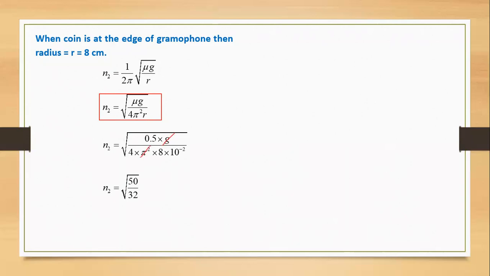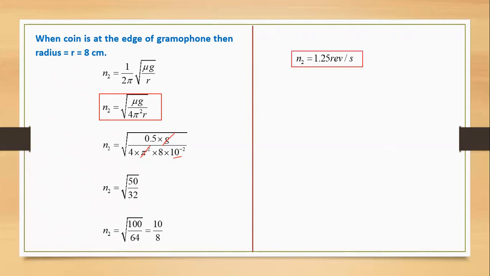Okay, 0.5 divided by 32, and this 10 raised to minus 2 shifted up, so 50 divided by 32 in a root. So we can multiply by 2 to 50 and 2 to 32. So we get 100 by 64. Root of 100 by 64 is 10 by 8, which is the second frequency. So we get the second frequency 1.25 revolution per second.